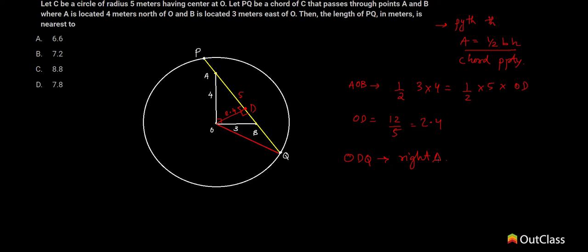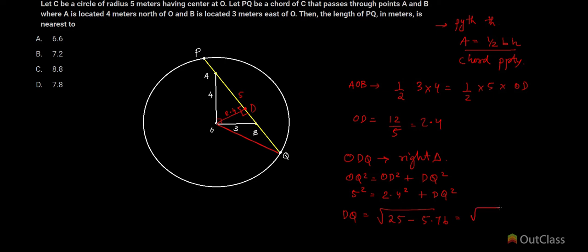Now we can apply Pythagoras again and find DQ, because OQ square is equal to OD square plus DQ square. OQ is a radius, so it's 5. OD has been found to be 2.4 plus DQ square. So DQ is root of 5 square minus 2.4 square.